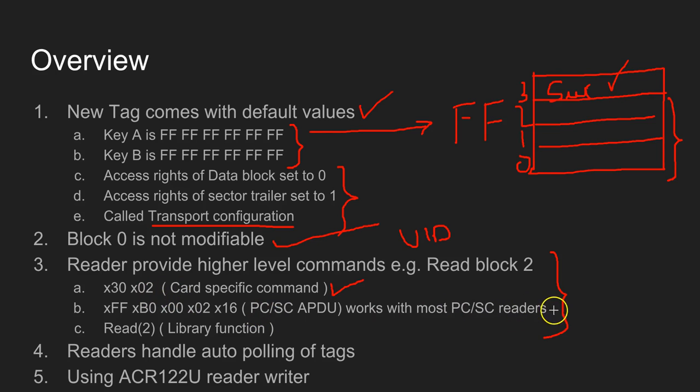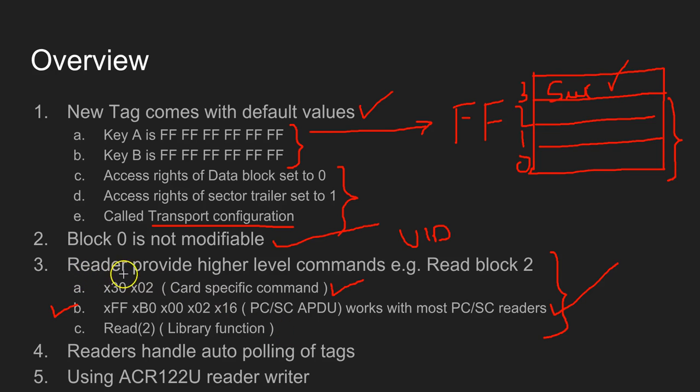Or if you look at any reader writer documentation, it says in order to read block 2, you have to send these type of commands with FF, B0, 00, 02, 16, and this is also called the PCSC APDU. These standard commands work with any PCSC compatible reader you buy. I would prefer using this method of accessing the Mifare tags.